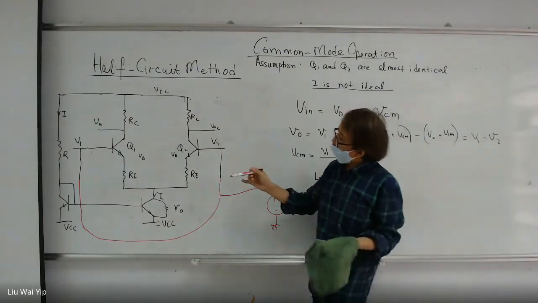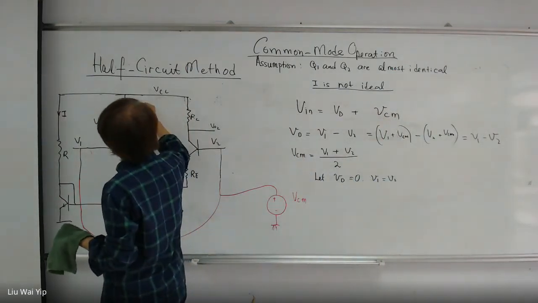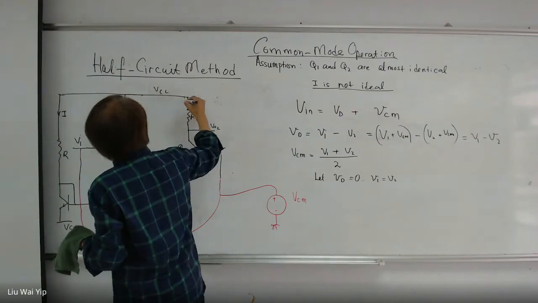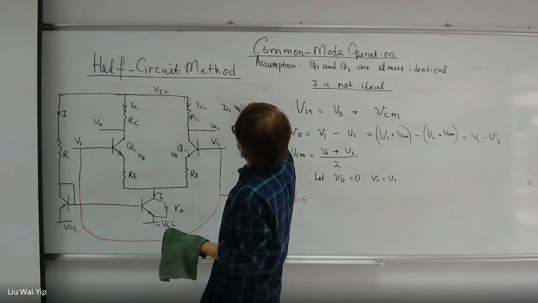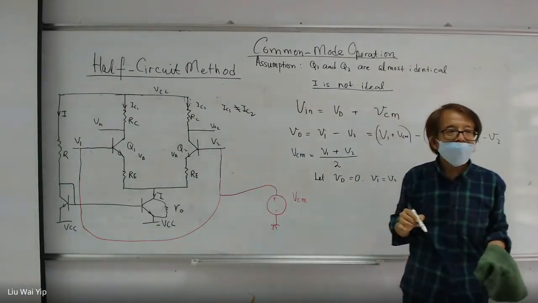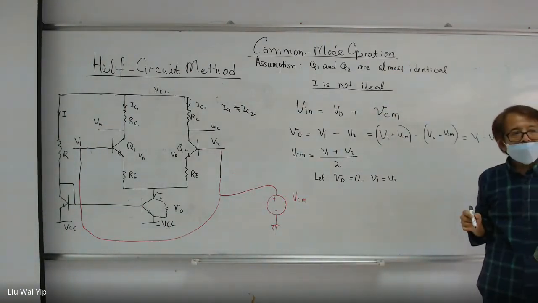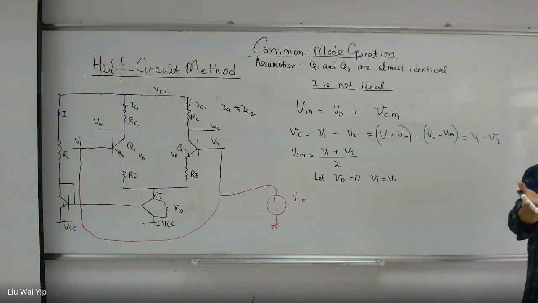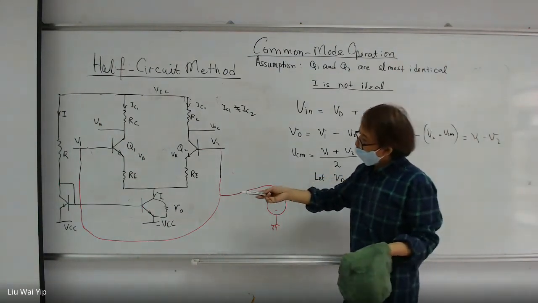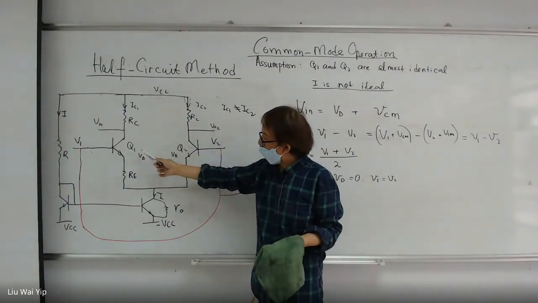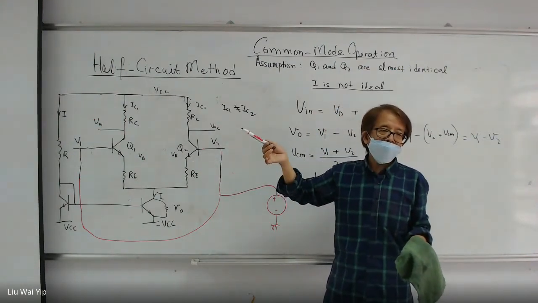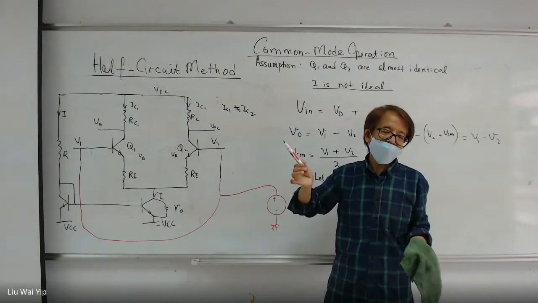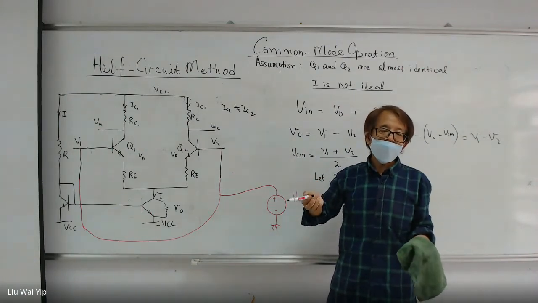This means if you have IC1 here and you have IC2 here, IC1 is not equal to IC2. Why? Because you may use one new transistor here, but the other transistor is a new model, or you use the same model but an old, overheated transistor.